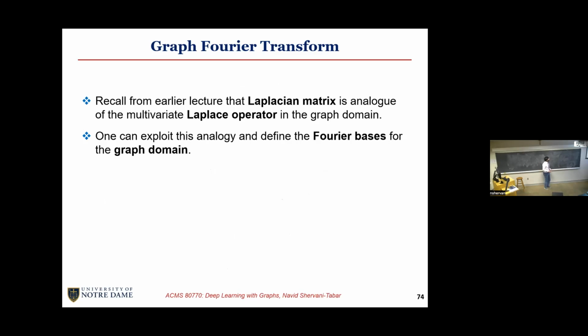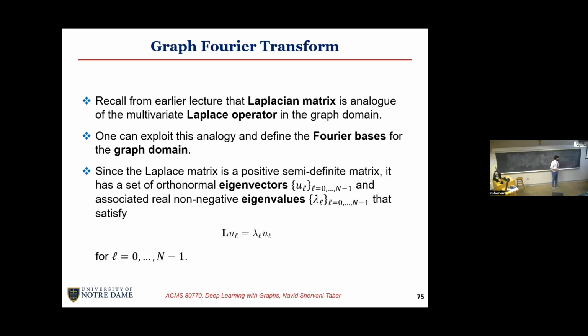So now we say that the Laplacian matrix is an analog for the Laplace operator. If anyone wants to go back, I think it was in lecture 5. So we can use this to redefine the Fourier basis on the graph domain. For that, we say that the Laplacian matrix is a positive semi-definite matrix.